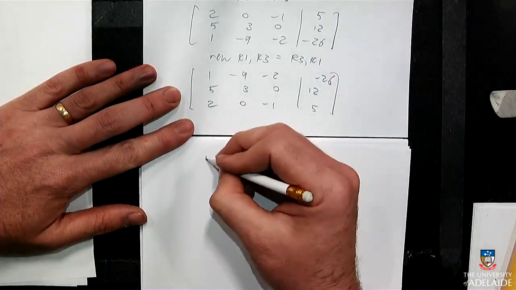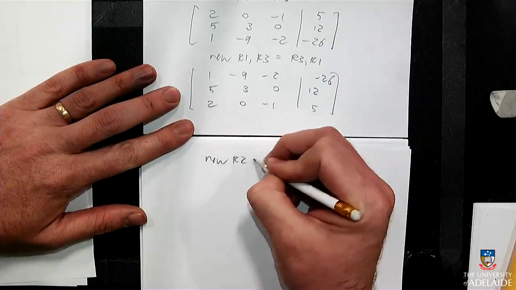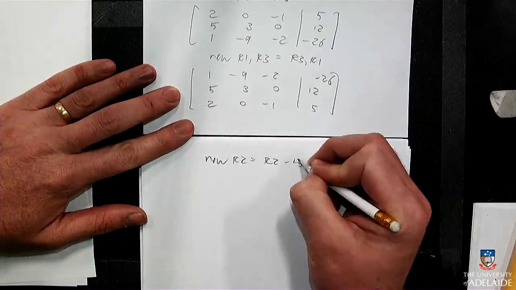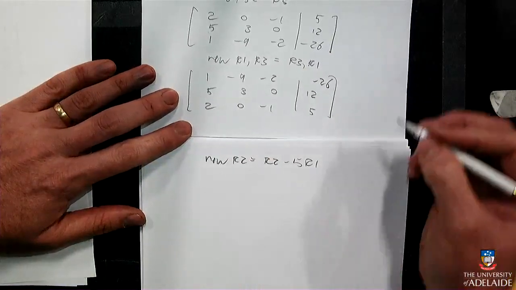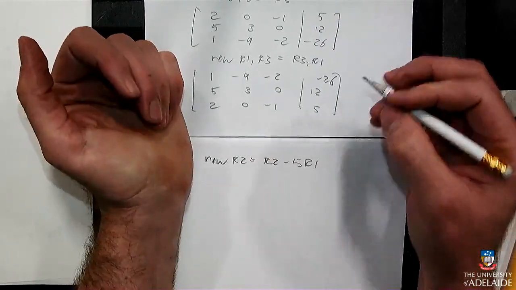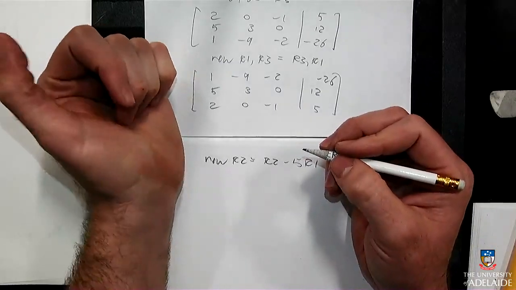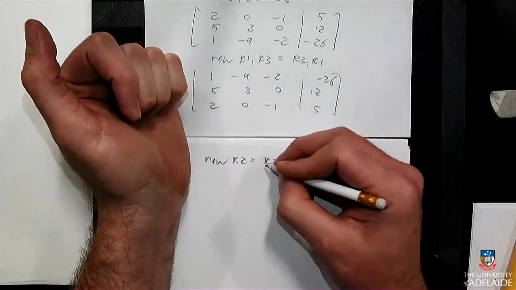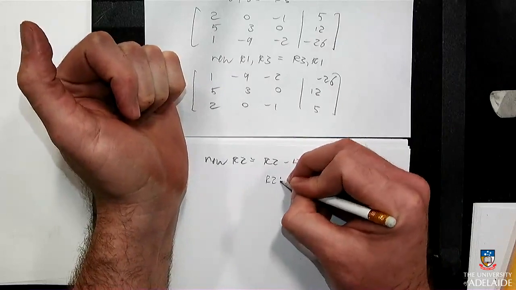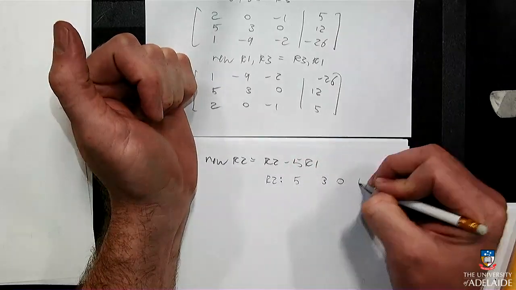So my new row 2 will be row 2 minus 5 of row 1. And look, I am going to do this properly because I can tell I'm getting tired and I'm going to lose some minus signs. This is my original row 2, which is 5, 3, 0, 12.